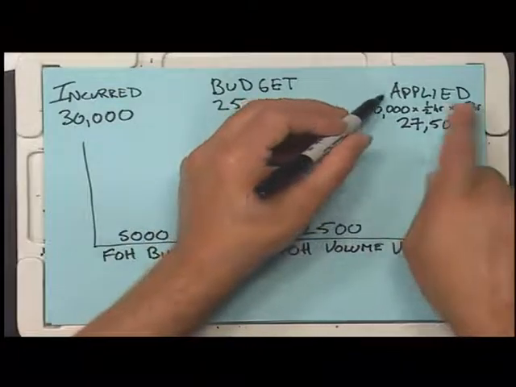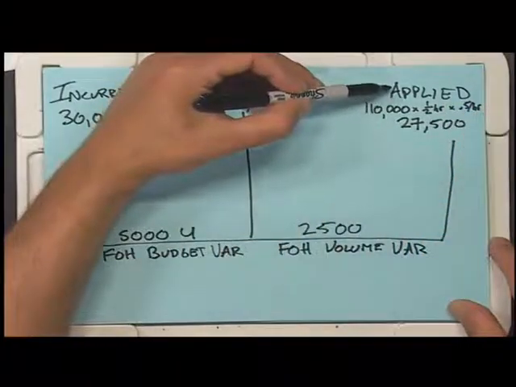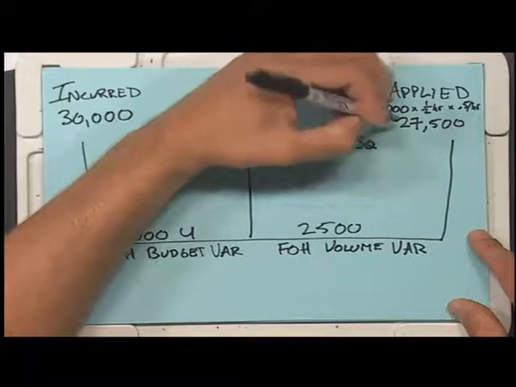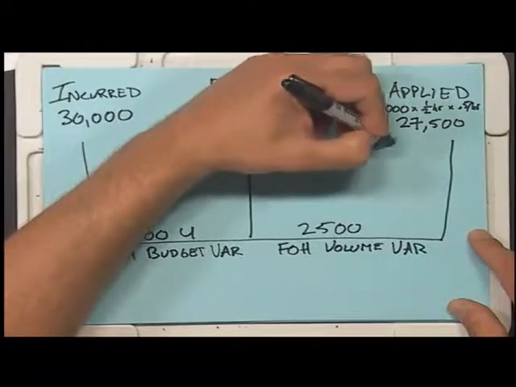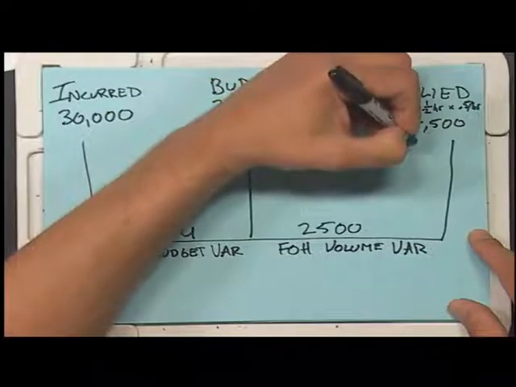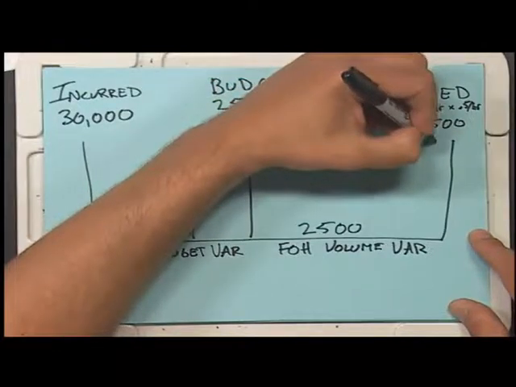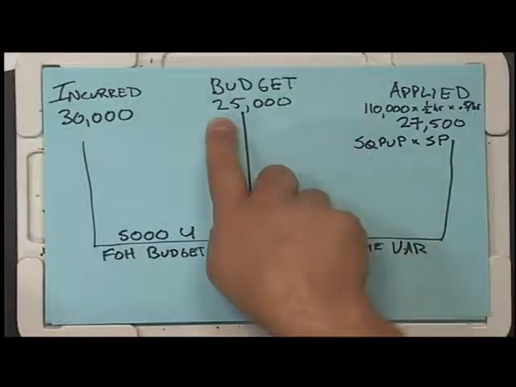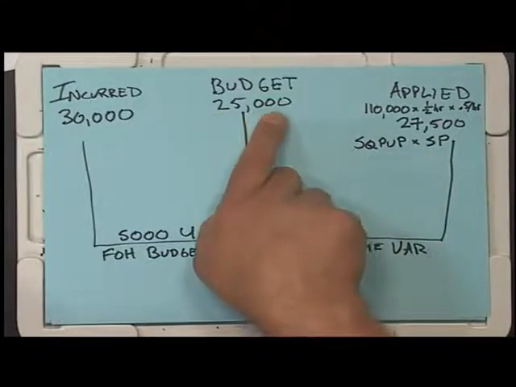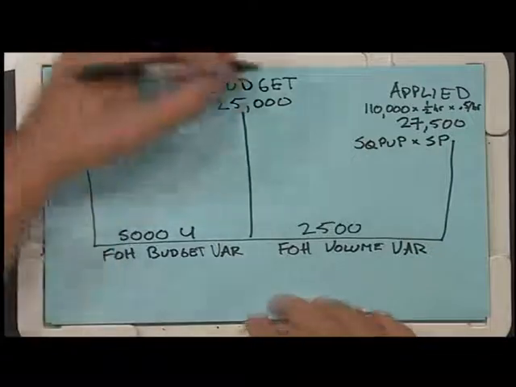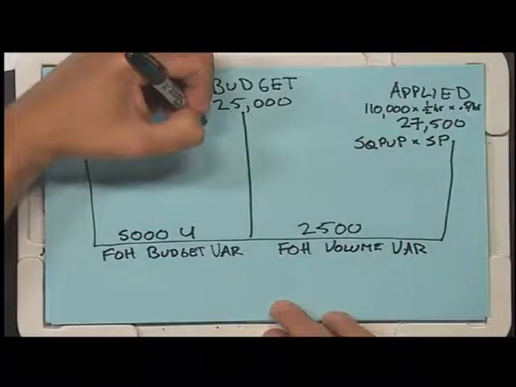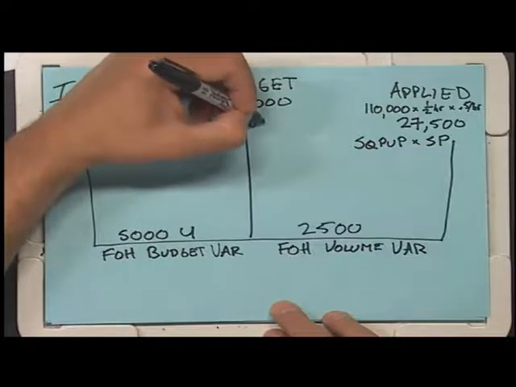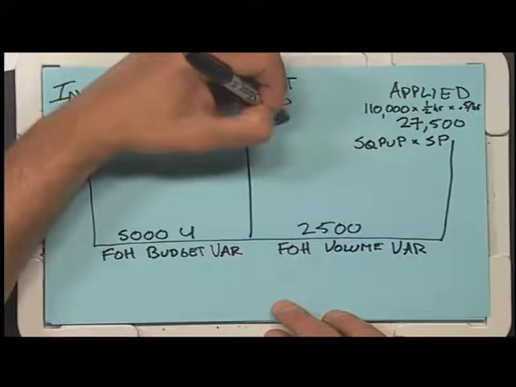We can write the applied amount as being the standard quantity of the driver per units produced times our standard price, the predetermined fixed overhead rate. Well, this $25,000, if you want to think about it exactly that way, that's just the $100,000 that we originally budgeted times the standard price.